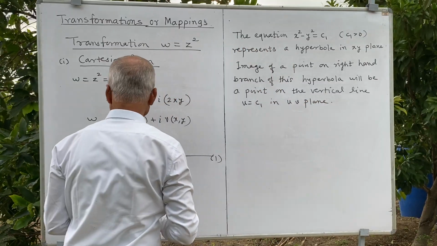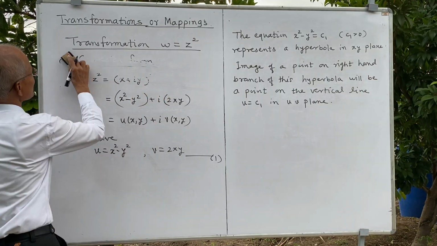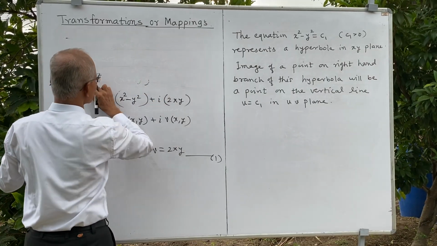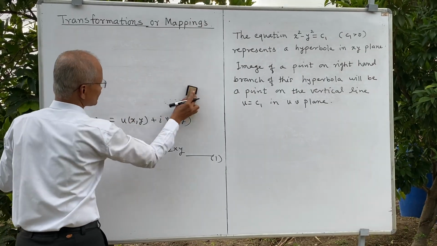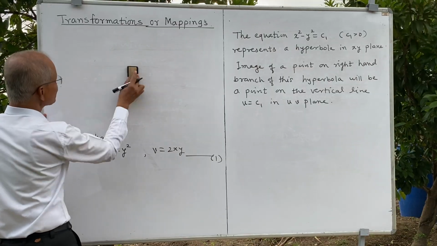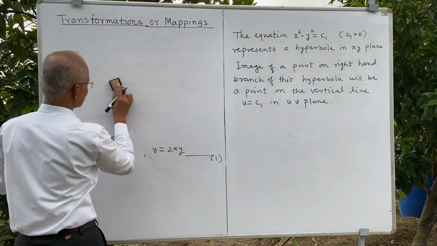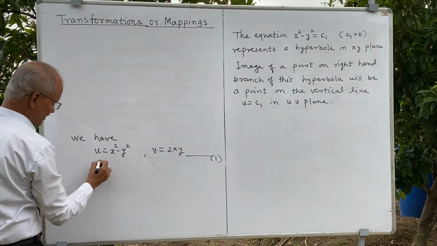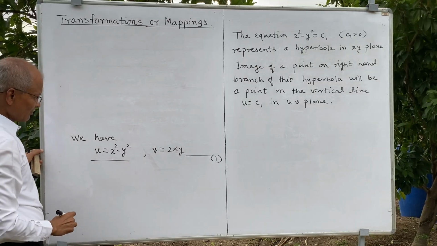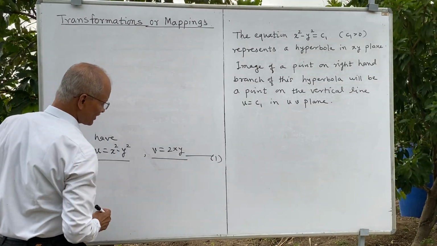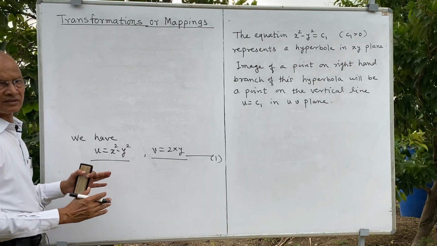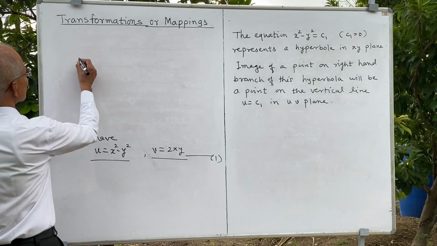So we will draw a figure also for this transformation, W is equal to z square. There are two curves, u is equal to x square minus y square, and v is equal to 2xy. Both represent hyperbolas.